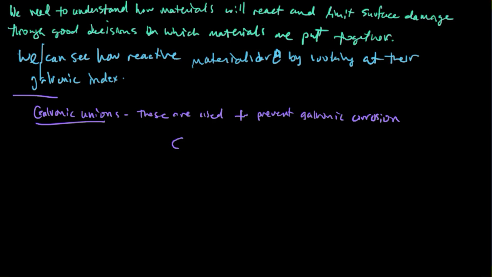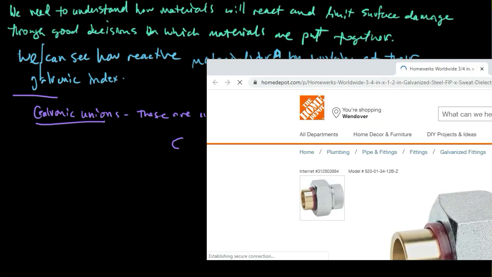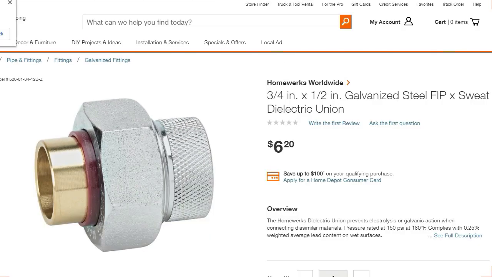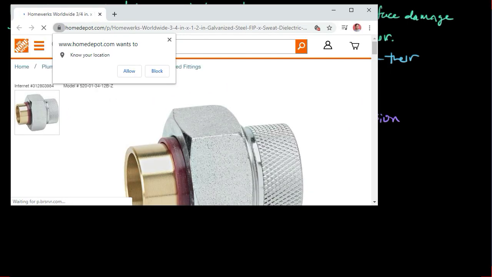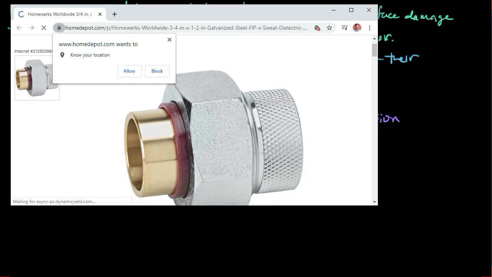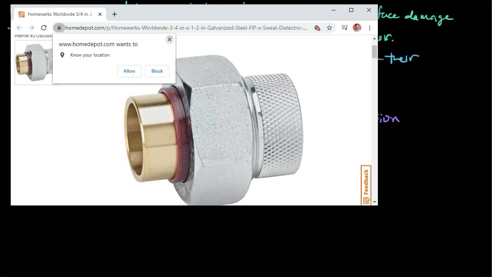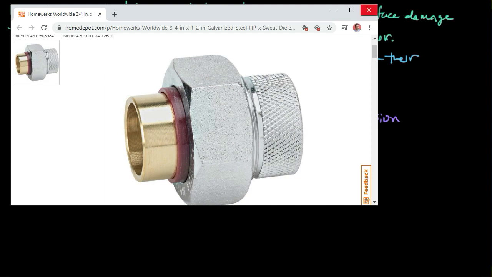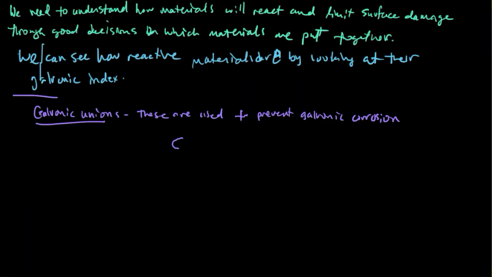So if you go to Home Depot, for example, you can find that they sell these type of devices, which essentially put an insulator between the two different materials so that it'll act as a dielectric break and insulator so that current won't flow, which will prevent the ions from disassociating from the material and causing damage.